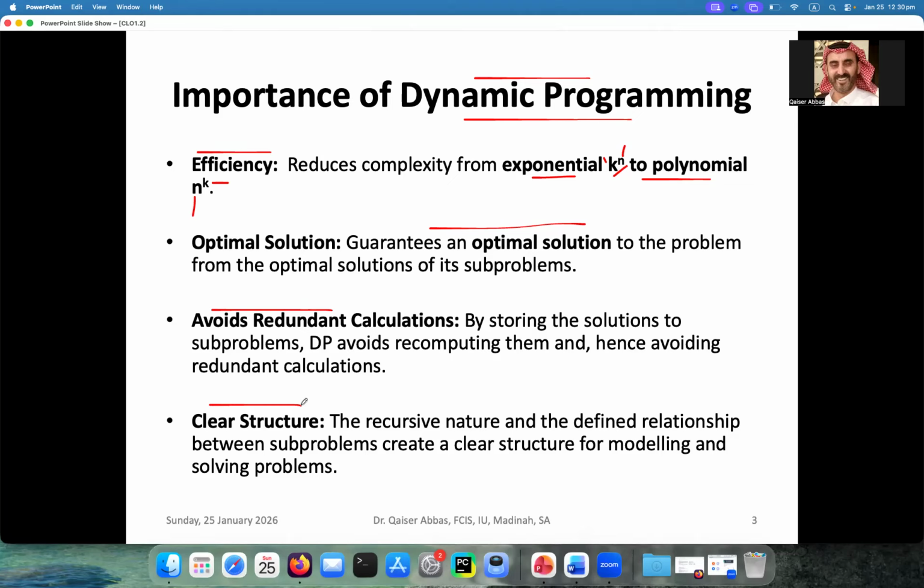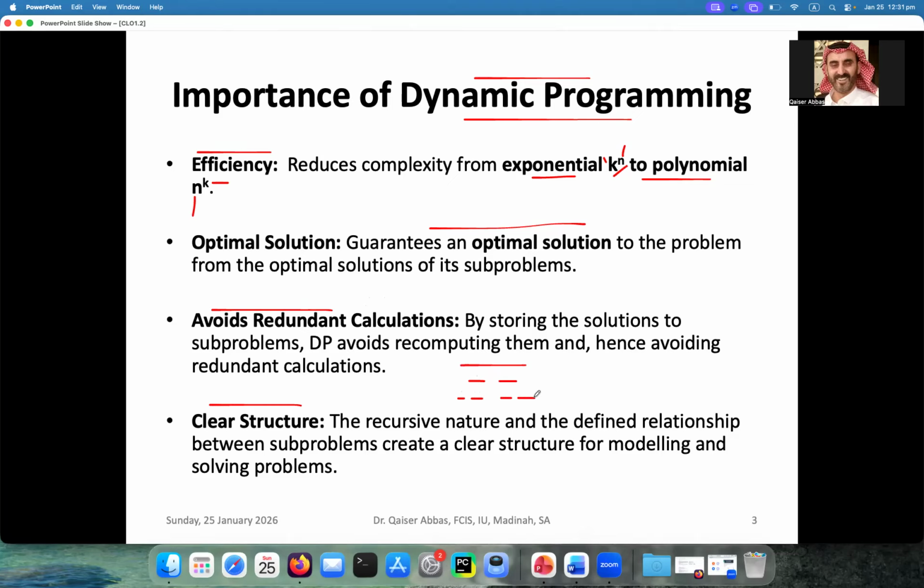So when you have a recursive nature in your program, you handle different subproblems through it. When you call the main problem, it will be divided into subproblems, for example two recursive calls, and then it will be further divided like that.